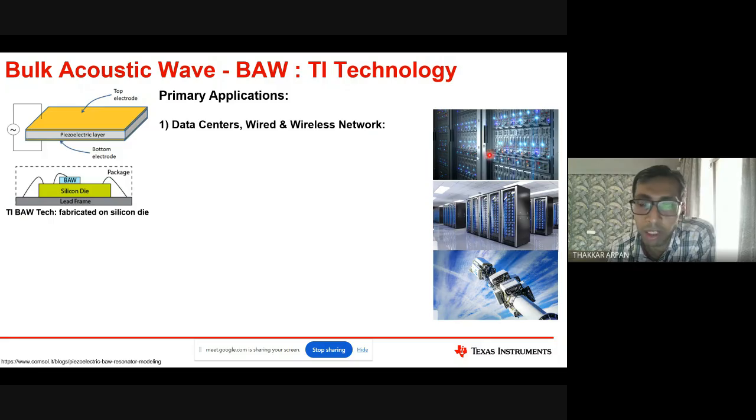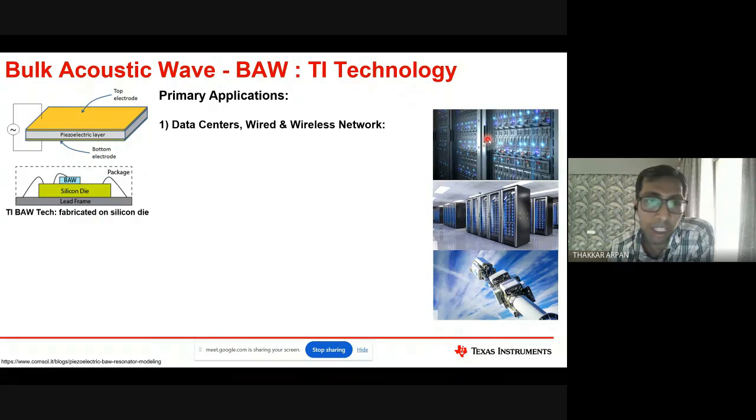So it requires a lot of data processing, which requires a lot of hardware. If you need more hardware, you need more land, more water, everything. So instead, if you can pack it very tightly, then it is possible.